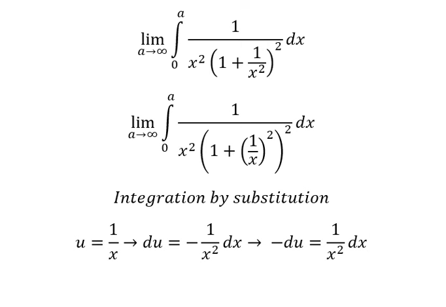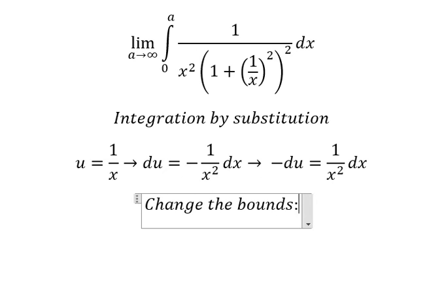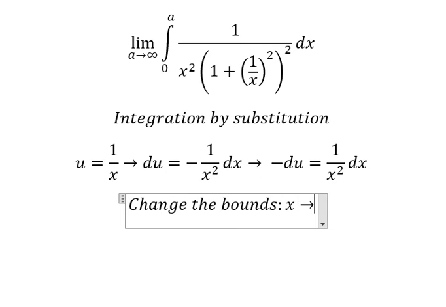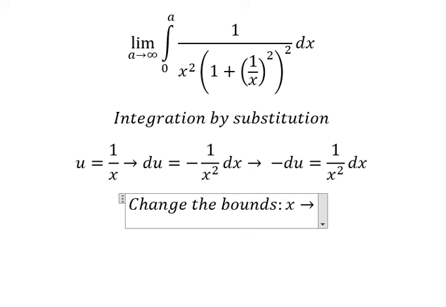Next, we need to change the bounds. When s goes to 0, we see that the bounds start from 0 to positive infinity. That means 0 on the right.